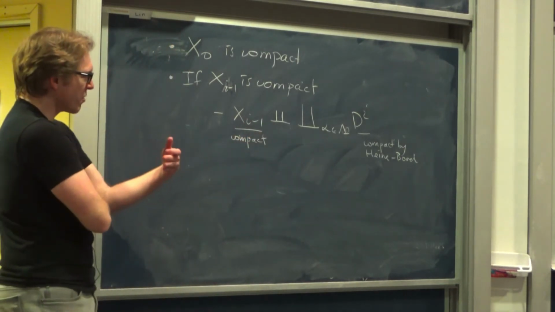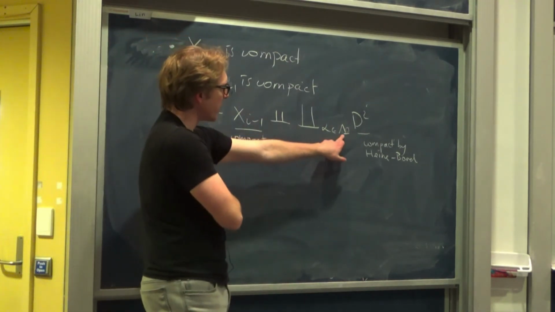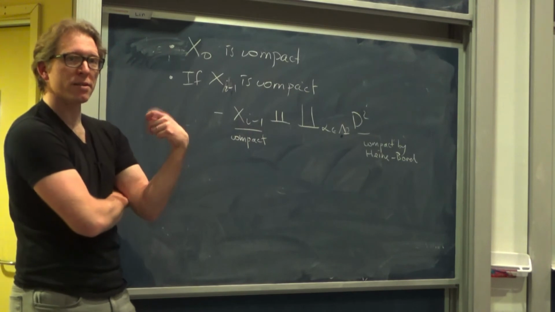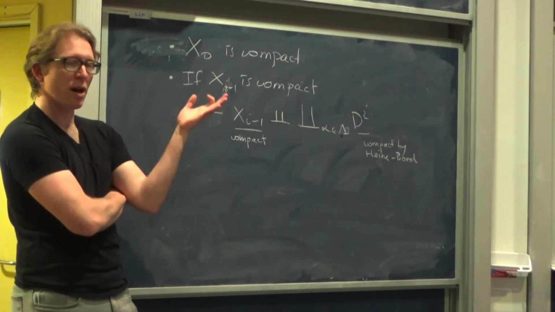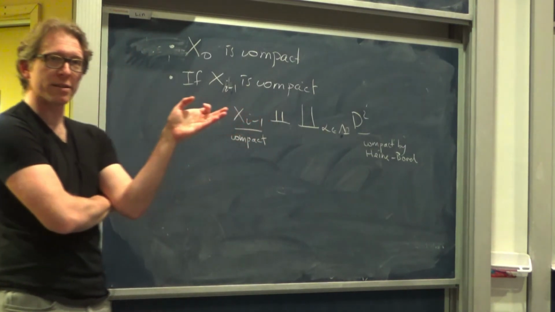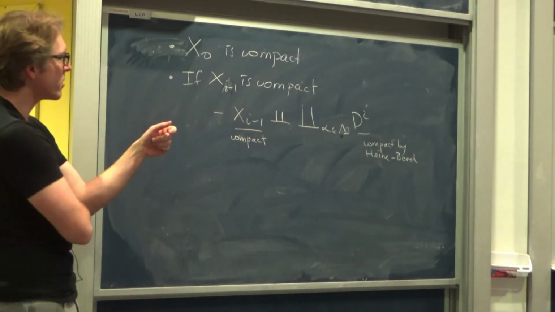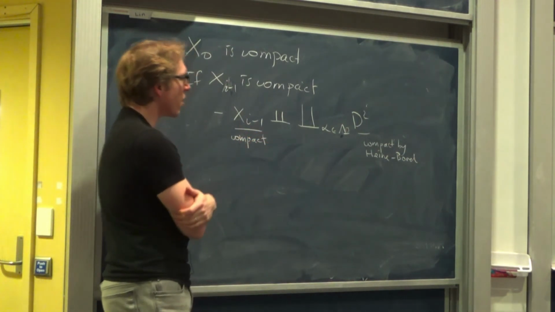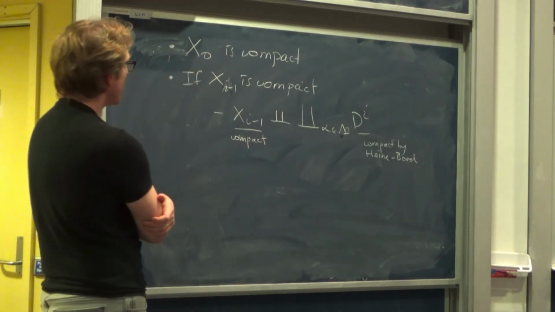And then a finite union, so this is a finite index set. If I take a finite union of compact spaces, the result is still compact. Because if you took a cover, each individual thing would have a finite cover. Just take all those indices together. That's a finite union of finite sets. So that's a finite subcover. So a finite disjoint union of compact spaces is also compact.